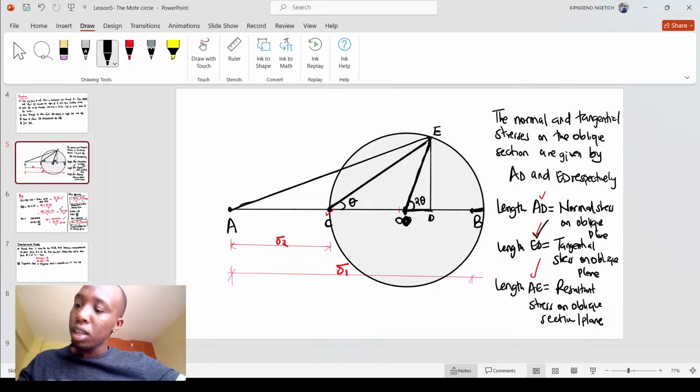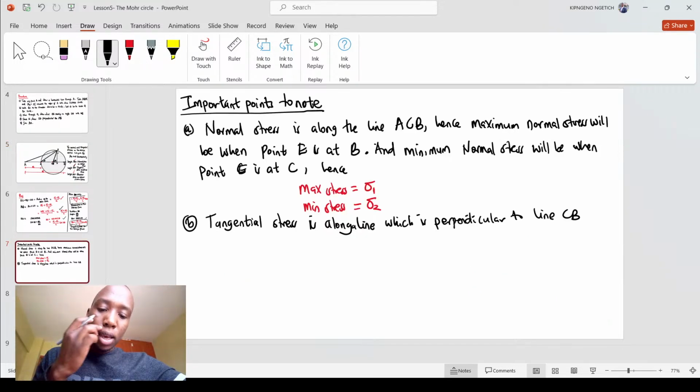See, this one, AD, is a line which is perpendicular to line CB. Sorry, are you people still here? Okay, good. Along line CB.